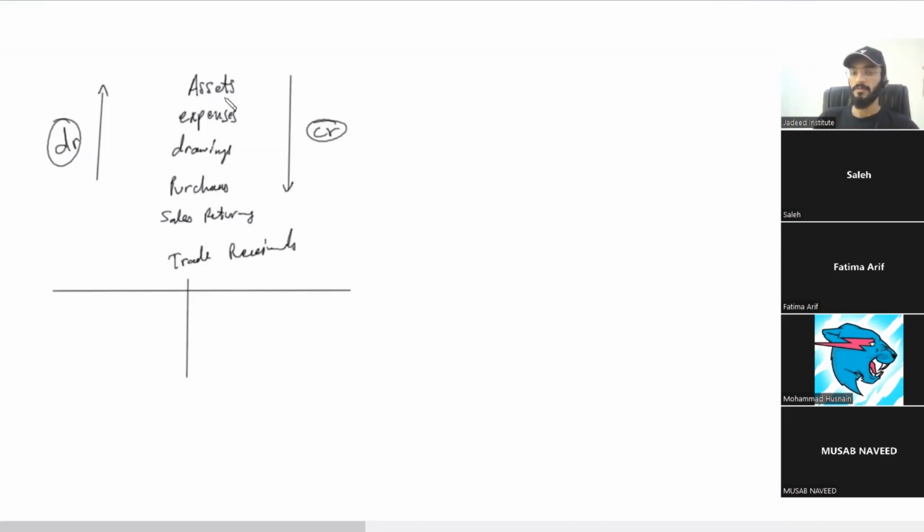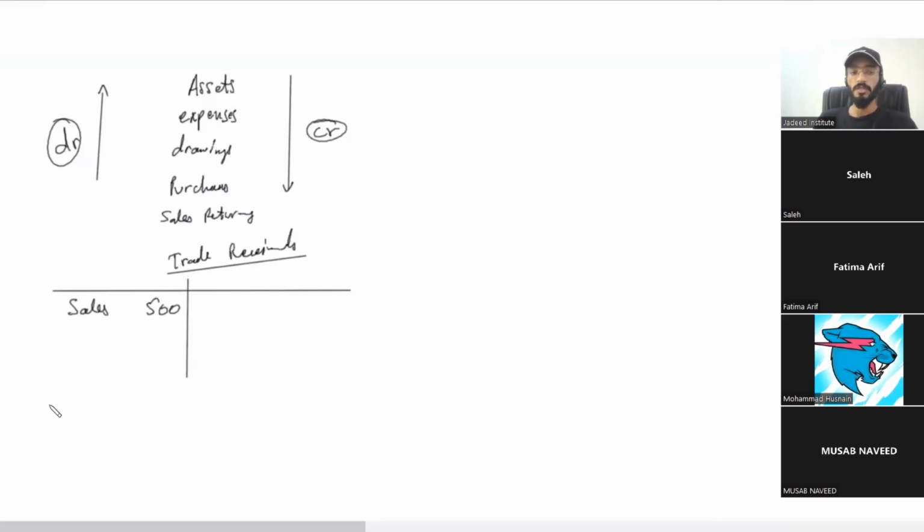In this list, do we have the sales account? Because sales are going up. No, we will have it in the other list. From this list, we do have trade receivables, which is an asset, and that's going up. So we're going to write it over here, $500. Why is our receivable increasing? What did we do? Sales.